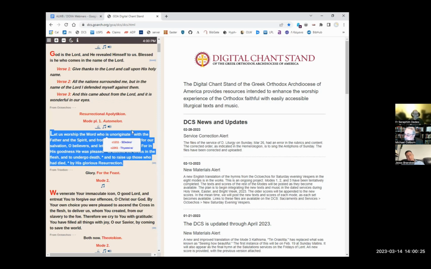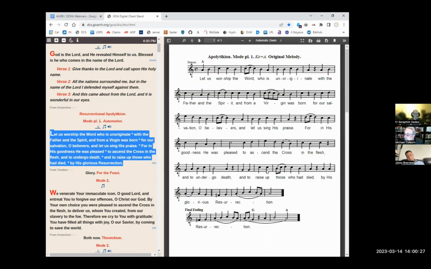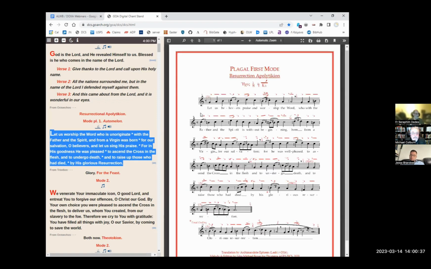So if I click on the first one, it brings up my score, whose words correspond to the words in the HTML file. If I click on the other one, the words are, let us believers praise and worship the Word. That's not what the text says on the HTML.